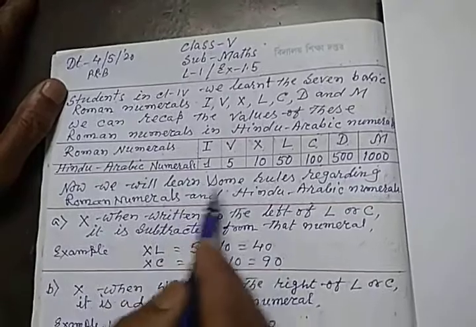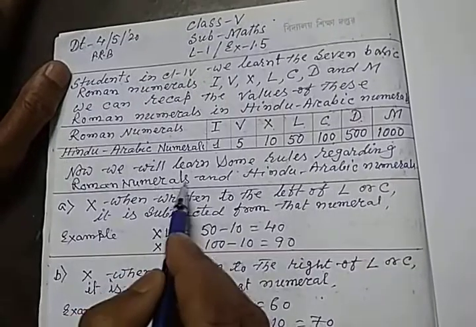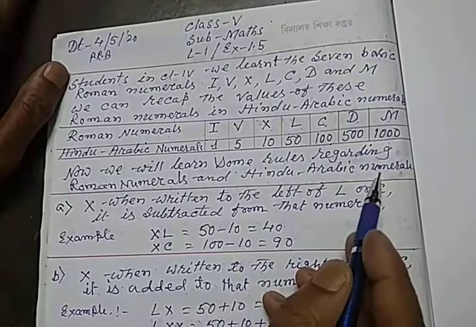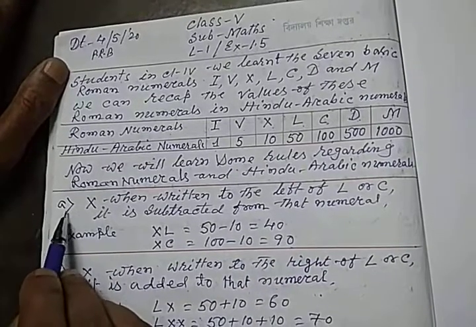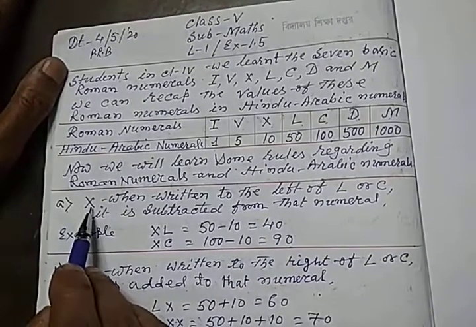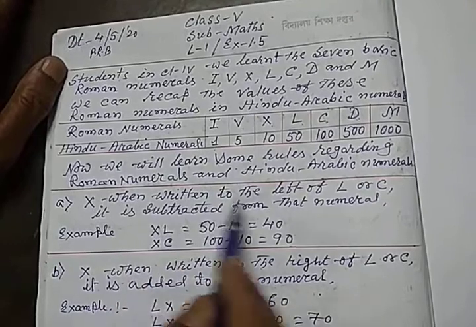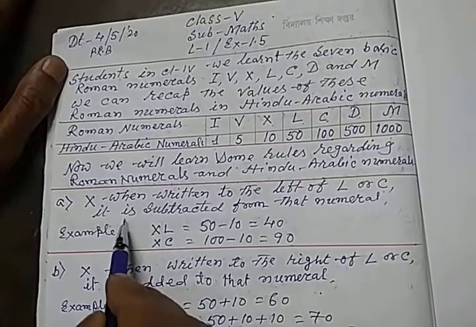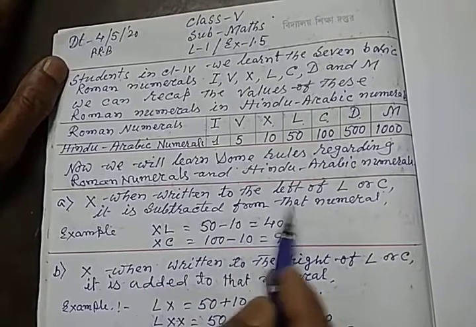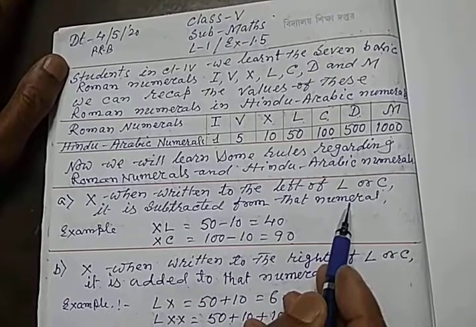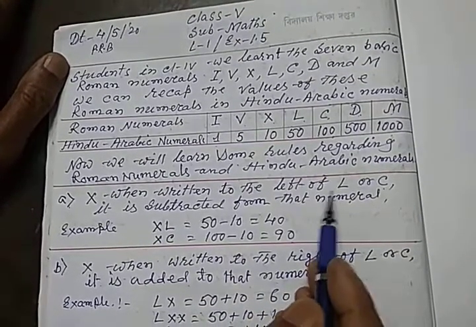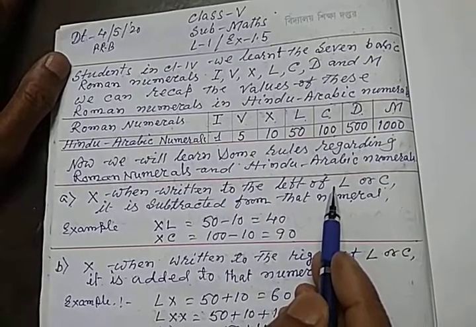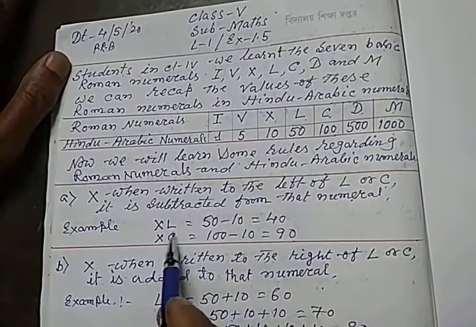Now we will learn some rules regarding Roman numerals and Hindu Arabic numerals. First rule is A: X, when written to the left of L or C, is subtracted from that numeral. That means if you write X on the left side of L, here is an example.